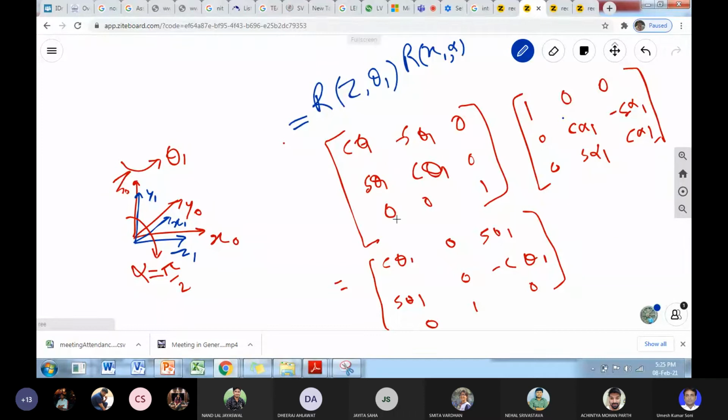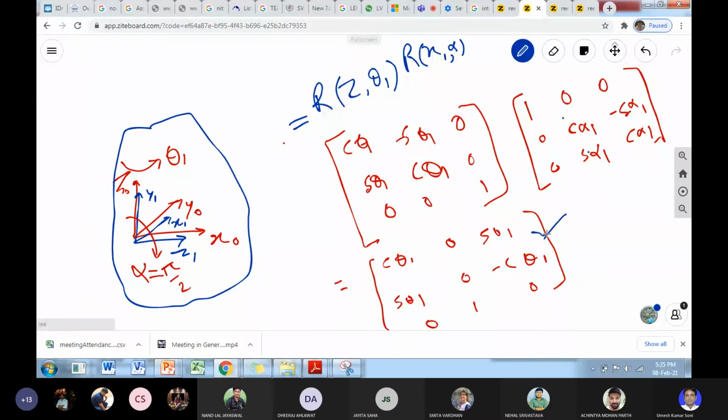Now you multiply this. Simply you transform it to its values, and now you get this matrix. So for one set of the axis transformation, the orientation matrix, you have got this.